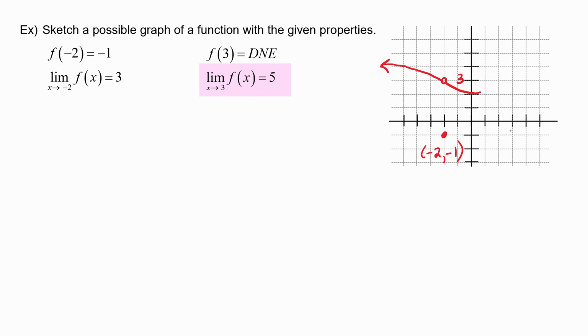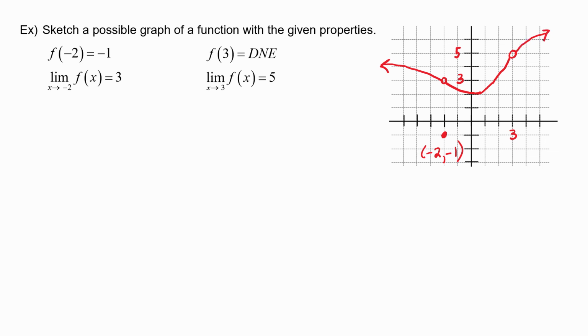So that means as we come in from the left of 3 and we come in from the right of 3, our y values from both sides have to be approaching y equals 5. So then we could have an open circle here. Coming in from the left of 3, it's approaching y equals 5. Coming in from the right of 3, it has to approach y equals 5.